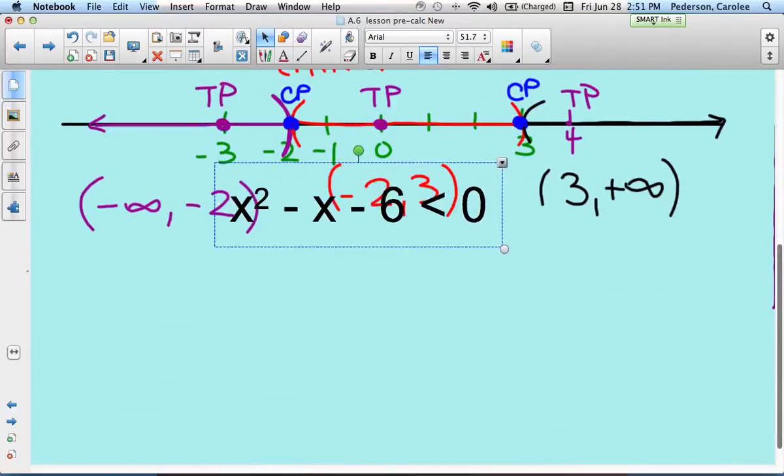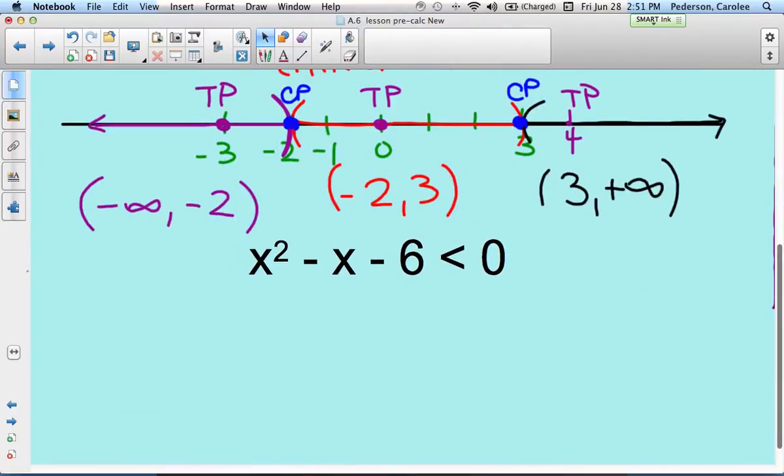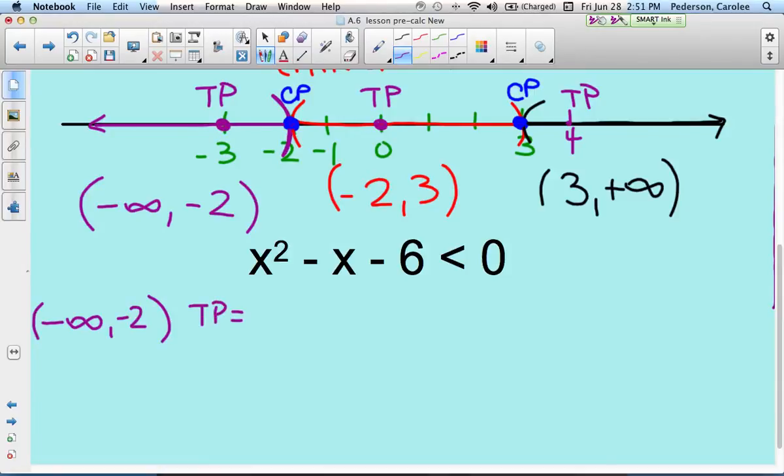All right, this is what I'm going to be working with. So in that purple interval, my interval is from negative infinity to negative 2. My test point is, I'm just choosing negative 3. So any point within this interval right here.